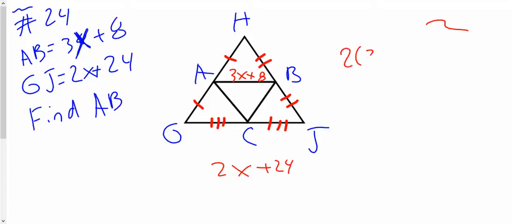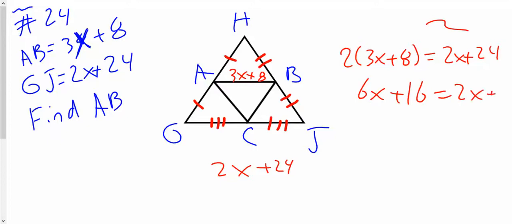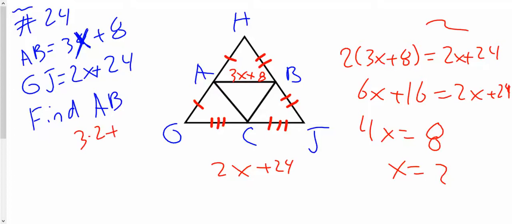So double 3x plus 8 is going to equal 2x plus 24. If I use the distributive property and then some algebra, 4x equals, subtract 16 to get 8, so x equals 2. And then they say find AB, so 3 times 2 plus 8, that'll be 6 plus 8 is 14.